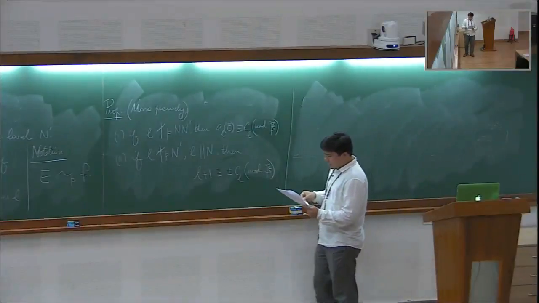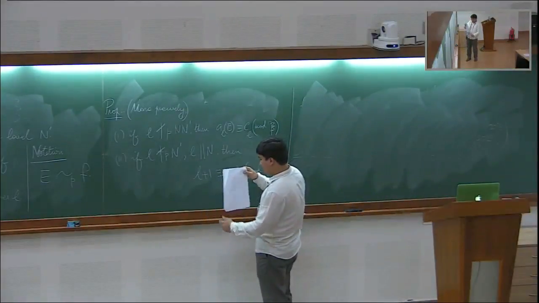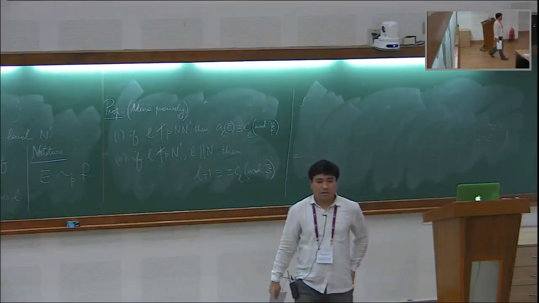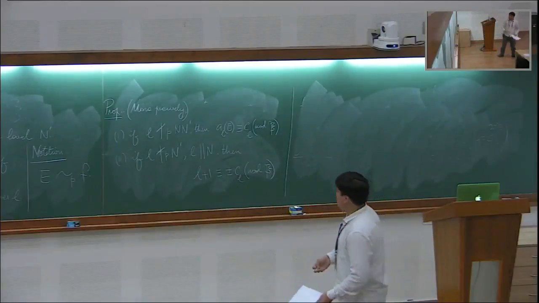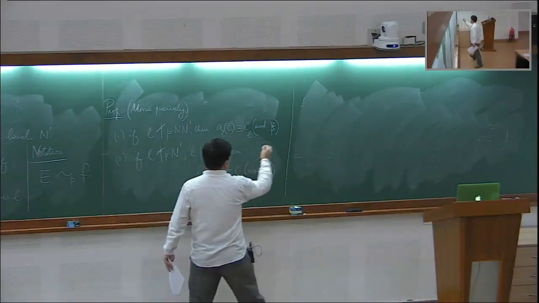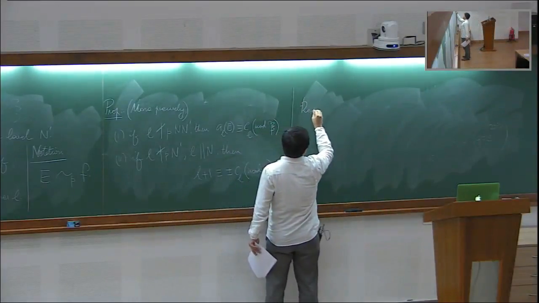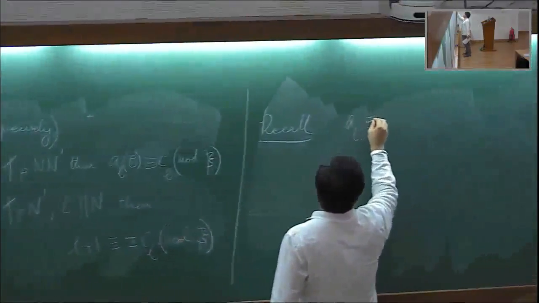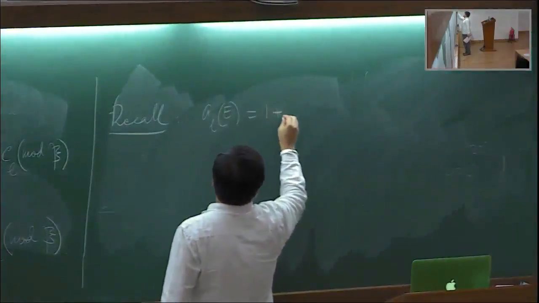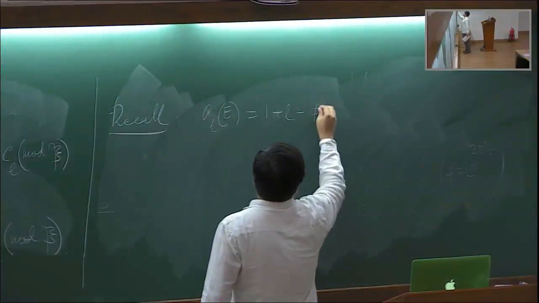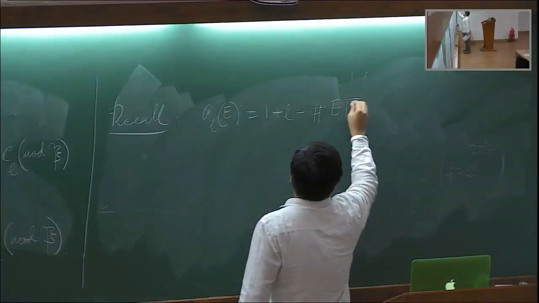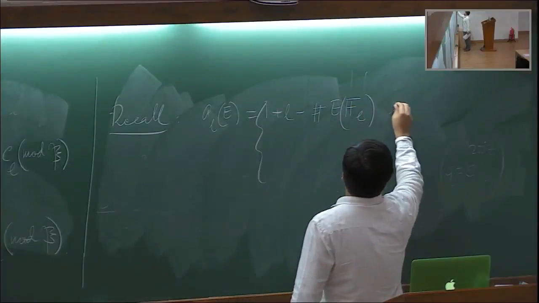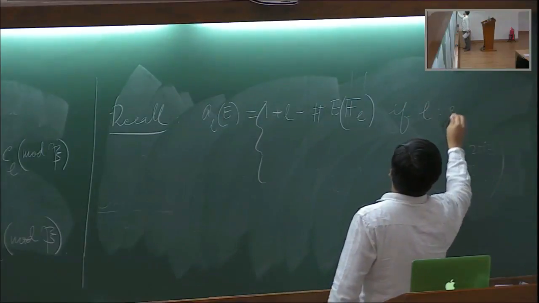Okay, so now one more last thing. Maybe somewhere you can write down the definition of a_l. Recall that a_l of E equals 1 + l minus the number of points of E over F_l, if l is a prime of good reduction.